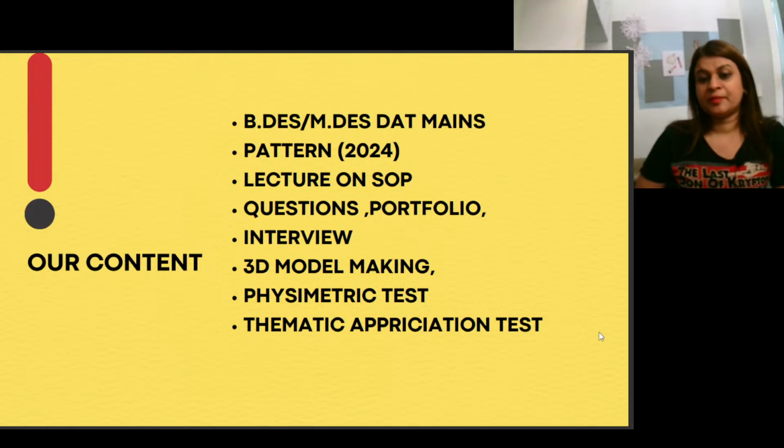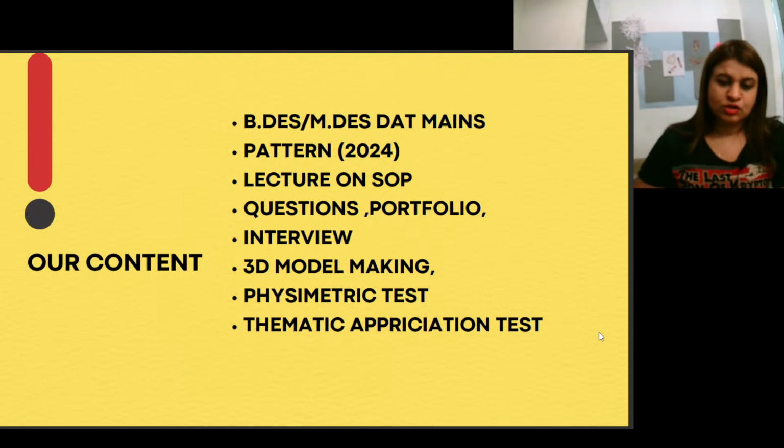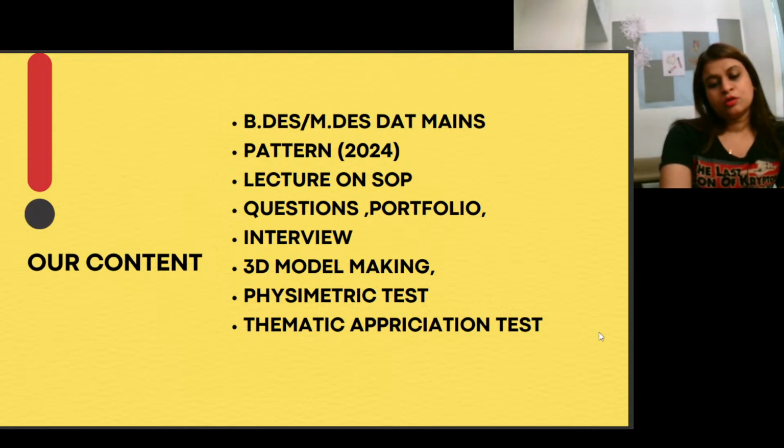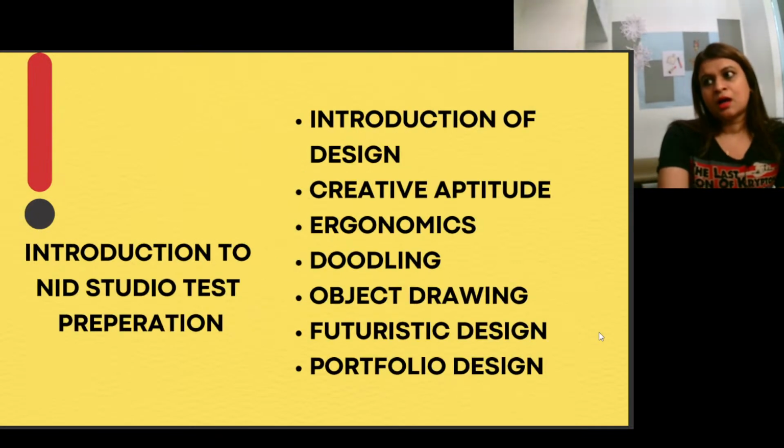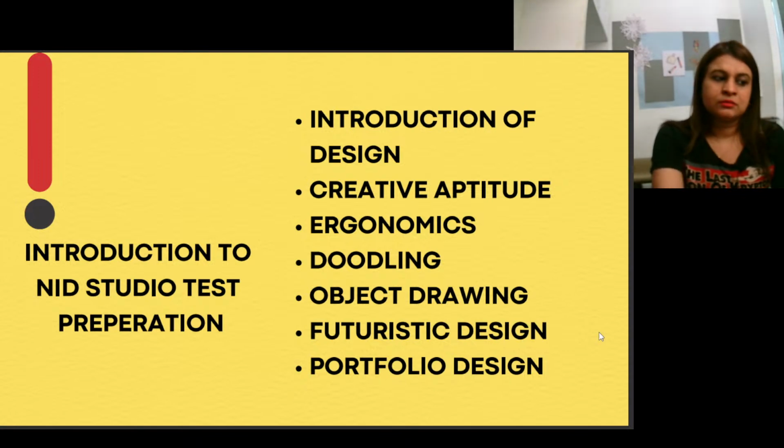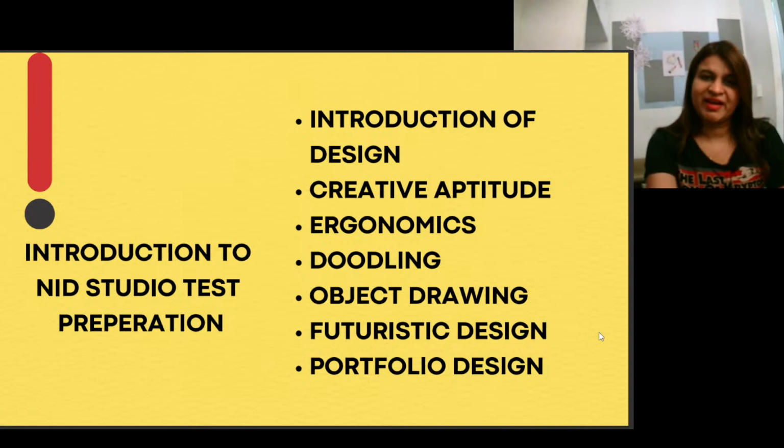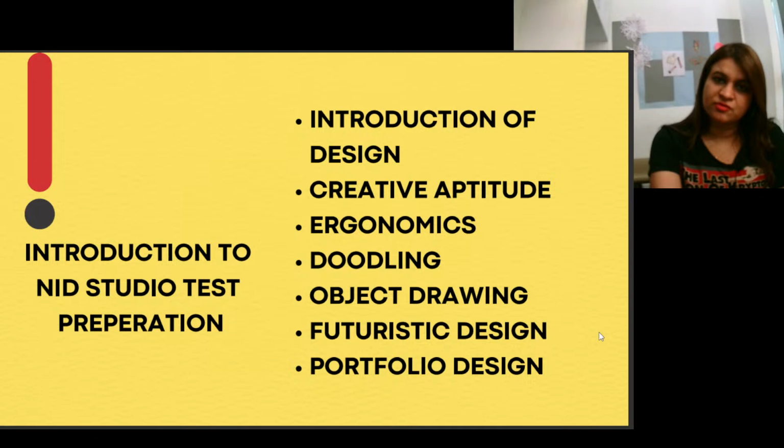Next is the psychometric test and thematic appreciation test. So what are these tests? Students will be asked to do certain activities based on certain situations, or maybe they will be given a certain situation. For example, if your friend is bullying other people in school, then what will you do to stop it?